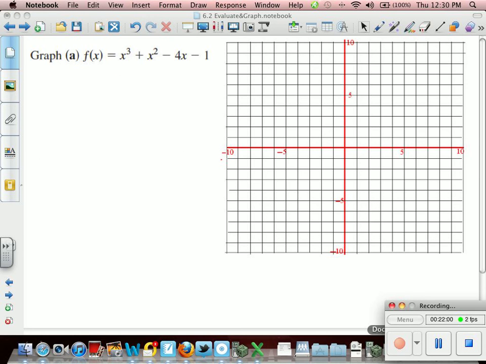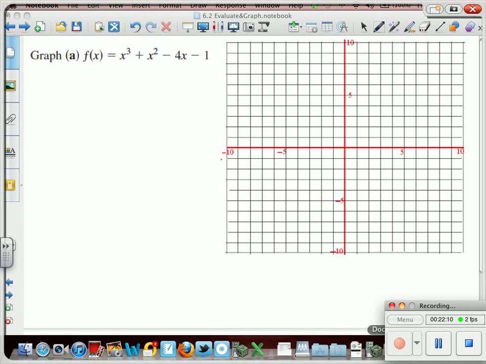All right, so this part asked me to graph the function x cubed plus x squared minus 4x minus 1. Now, there's stuff going on in the center, but what's my end behavior going to look like? Okay, it's x to the third. So that's really what I'm looking for to give me my end behavior. X to the third means it's a positive number times x raised to an odd exponent, right?